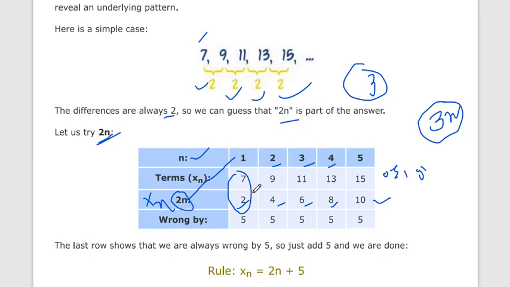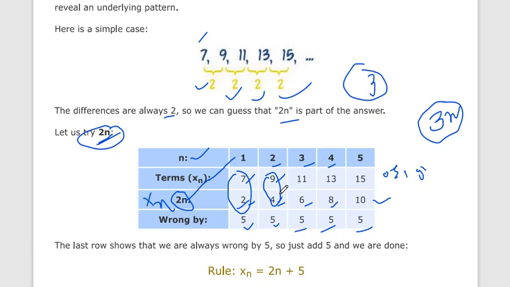So what is the difference between the original and this 2n? You can see that we always have a difference of 5. Original is 7 but we get 2, original is 9 but we get 4. It is a difference of 5.